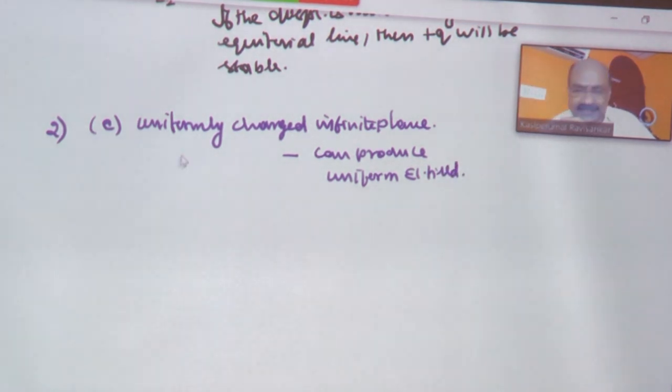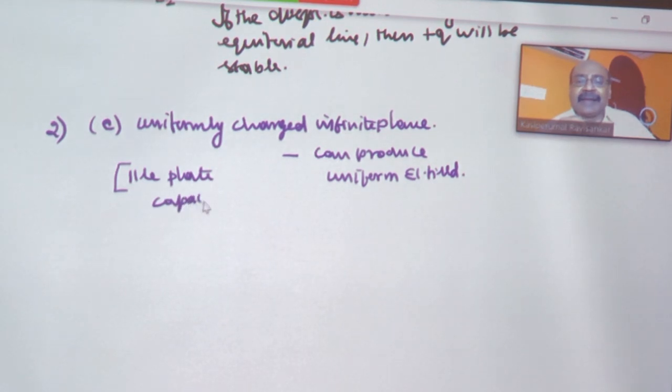Also, though it is not in your book, you can write the parallel plate capacitor. In between the parallel plate capacitor also, you can get this uniform electric field. This is the second question.